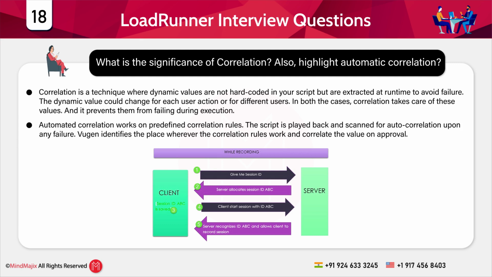So getting the value from the response and passing it to the request to the server is considered to be correlation. Automated correlation can be done easily by going to the design studio and correlating using the options.